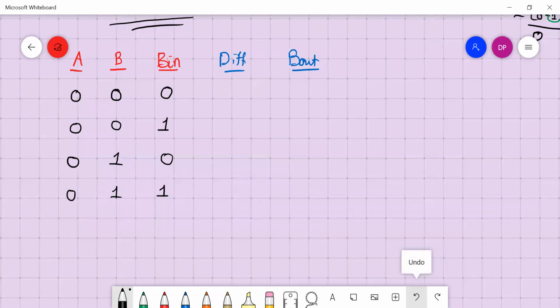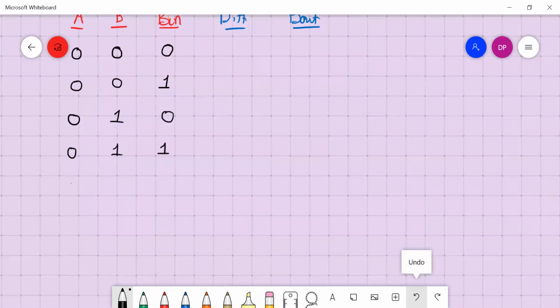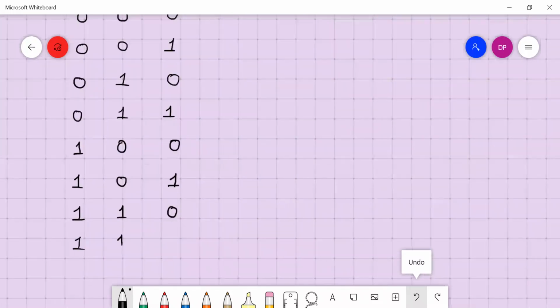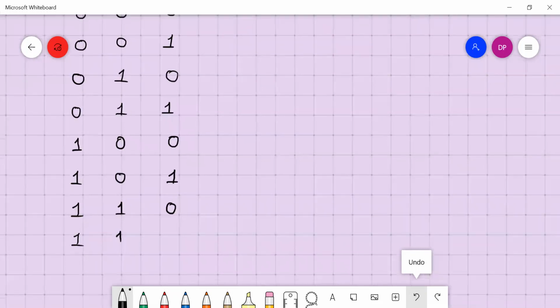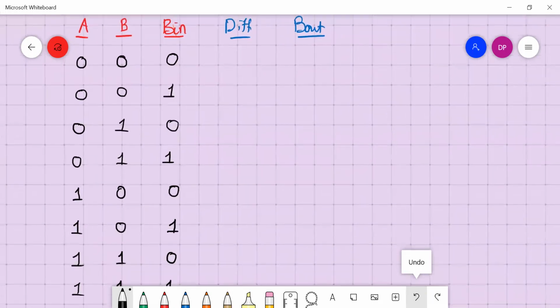Now 1 minus 0 with previous borrow 0, 1 minus 0 with previous borrow 1. So 1 minus 1 with previous borrow 0, and 1 minus 1 with previous borrow 1.